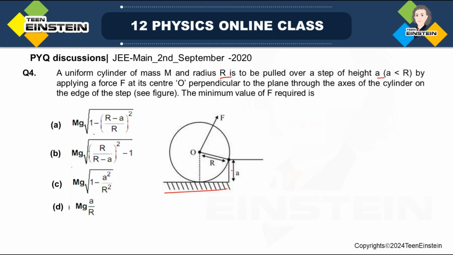Look, this is a step, the step of height a. I have a cylinder of radius R and I have to pull it. The step height a is less than R, the radius of the cylinder.